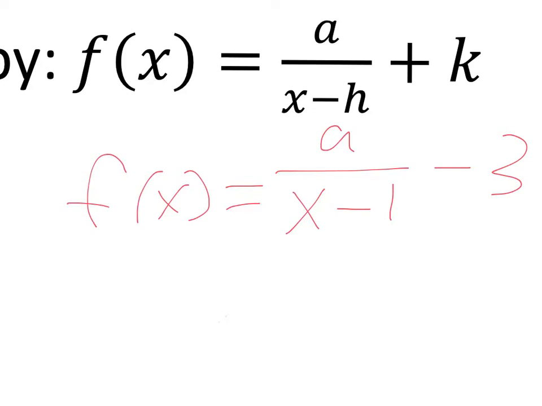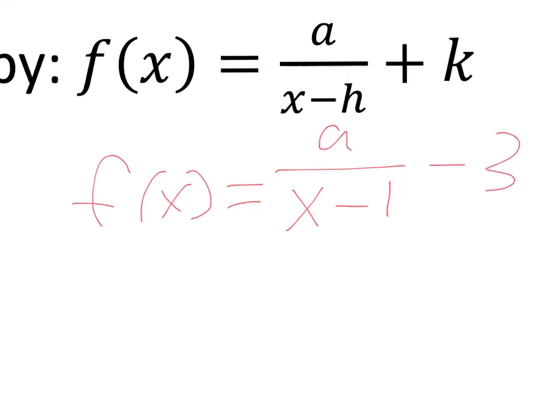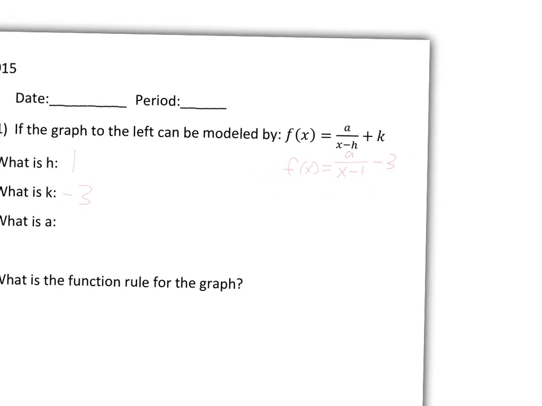All right. To figure out a, we're going to have to replace f of x and x with the coordinates of a point from the graph. So we're going to zoom out and go back over here.